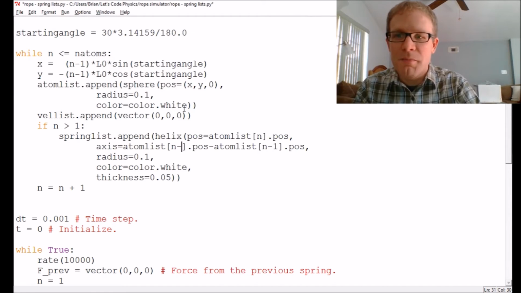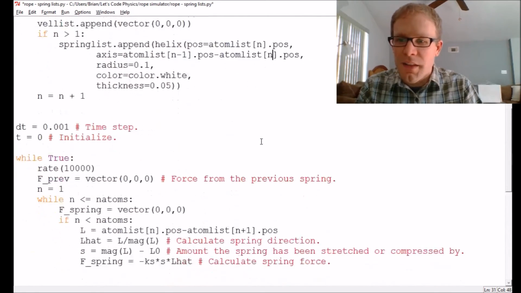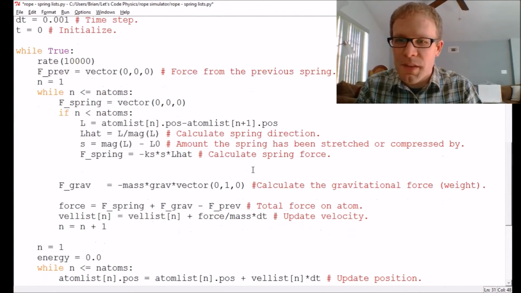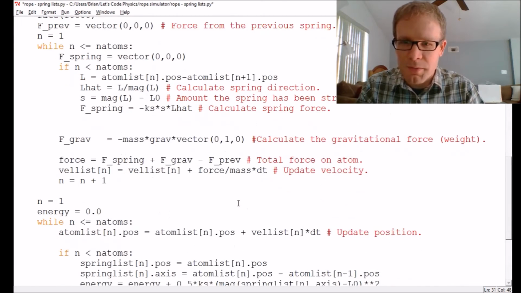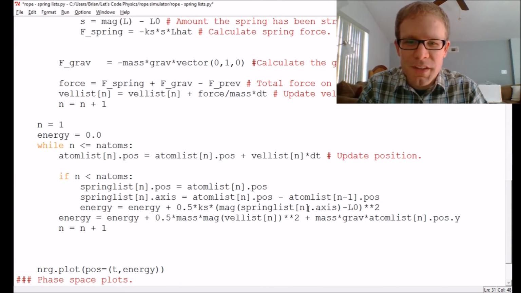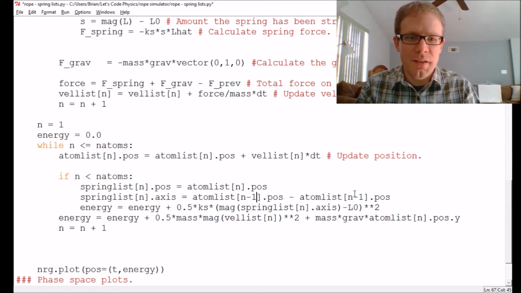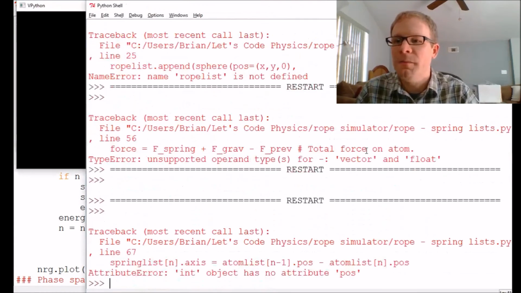So this actually needs to be n minus 1 to the next one. And then let's do the same thing. This one, I believe that one's set up correctly. We'll find out soon enough whether that's set up correctly. And then we'll do the same thing here. N minus 1 minus n. There we go. Let's give that one a try.